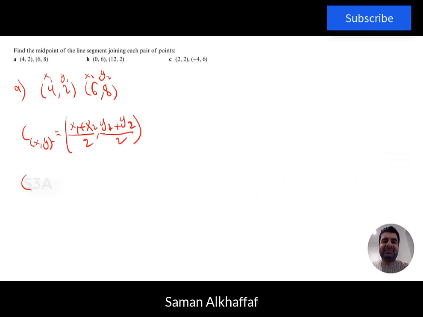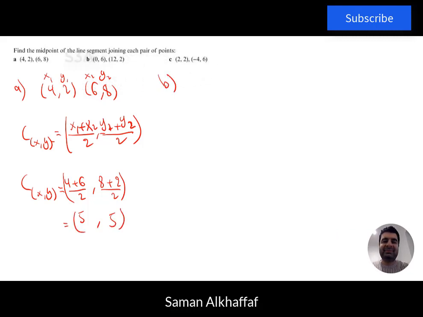So in this scenario, (x, y) will equal 4 plus 6 over 2, and we have 8 plus 2 over 2. So to simplify this, we would have 10 over 2 and also 10 over 2, so that would give us (5, 5) as the point of the center.